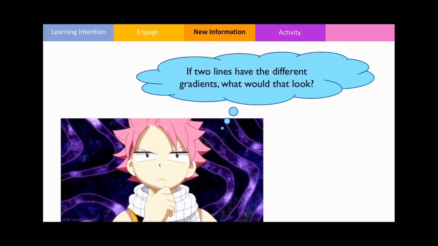You might be wondering right now, if two lines have different gradients, what would that actually look like? Meaning the gradients are not identical and the gradients are not the negative reciprocal of one another. As I said earlier on, it's just going to be two lines that are intersecting, but they won't be intersecting at right angles.